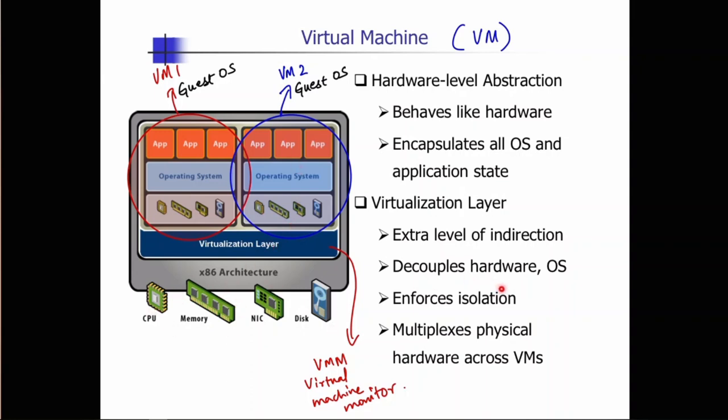So it essentially decouples the hardware from all the operating systems. It enforces isolation between each virtual machine, and it is able to multiplex the physical hardware. There is only limited physical hardware which is being multiplexed across several virtual machines here.